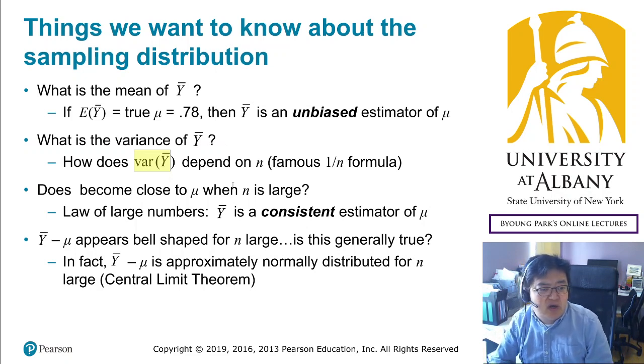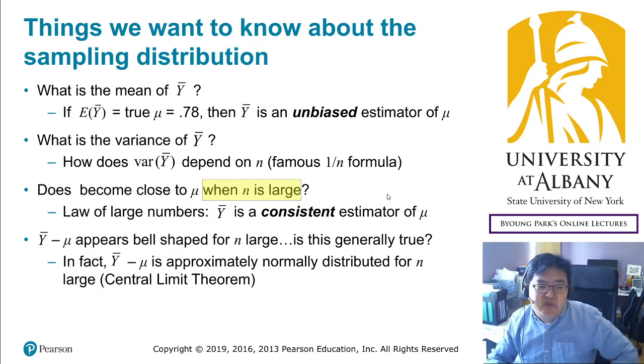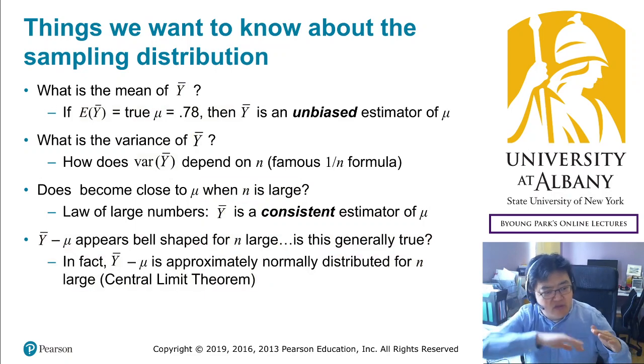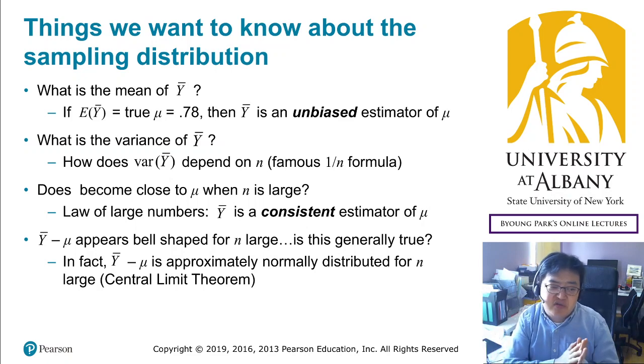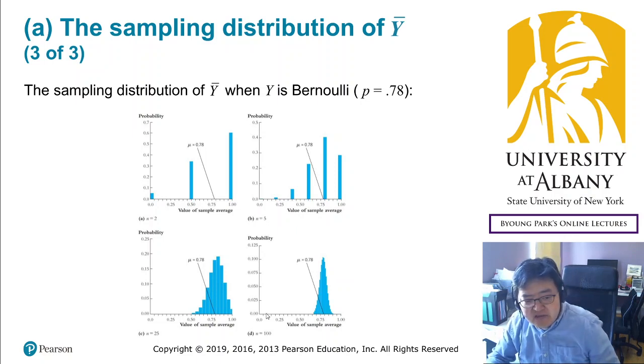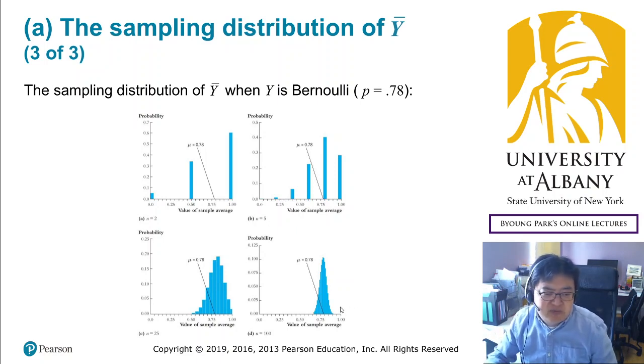We are going to discuss it in more detail later. We will also consider what happens when n becomes infinity. When n converges to infinity, what would be the behavior of your estimator in the limit? I will explain this in more detail later. Finally, we have considered mean and variance, but we also know the shape of the distribution. As I said, the mean is the center and variance is the spread, and the shape of the distribution is not explained by the mean and variance.